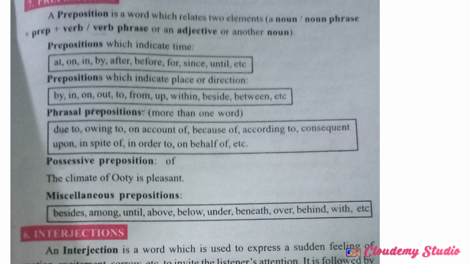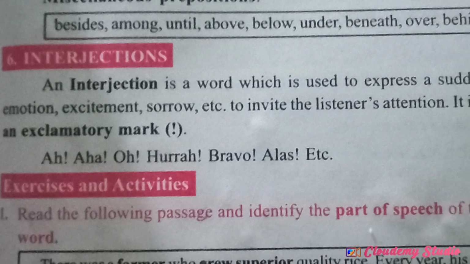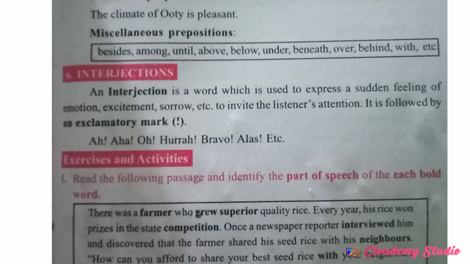The last one but not the least: in the examination anyone can understand the interjection, which always comes with a mark of exclamation. Wherever there is an exclamation, it must be an interjection.